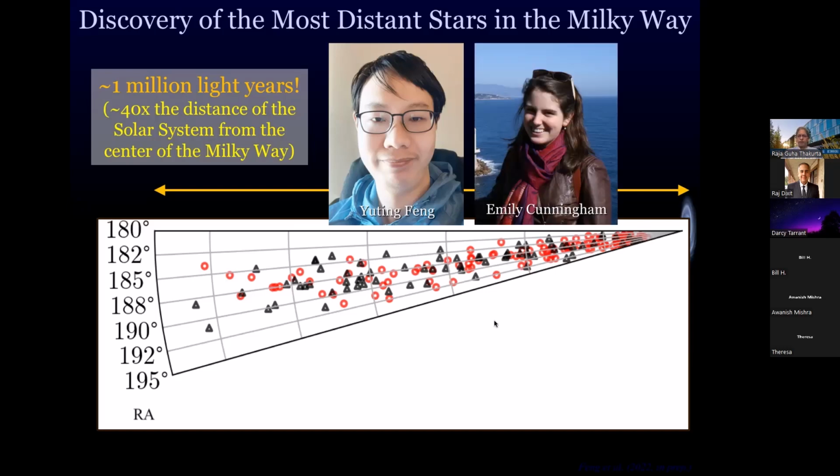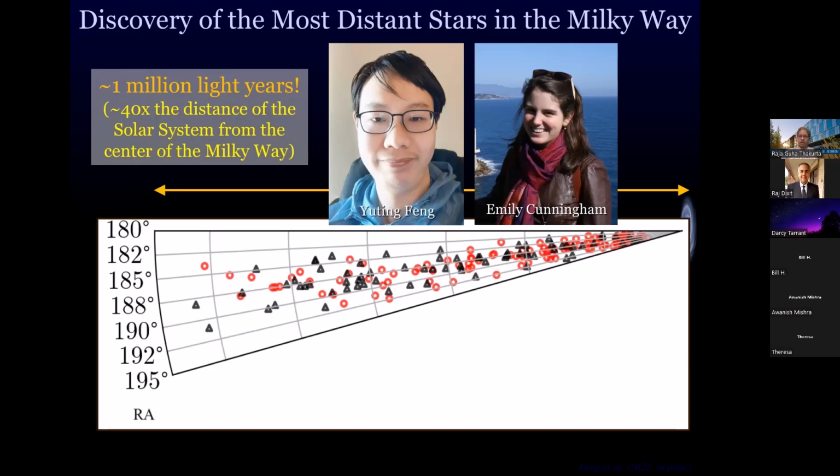Again, remember the diameter of the disk of the Milky Way was about 100,000 light years. These things that we found are up to 1 million light years away. You can see that here, about 40 times the distance of the sun from the center of the Milky Way. We're super excited about this.